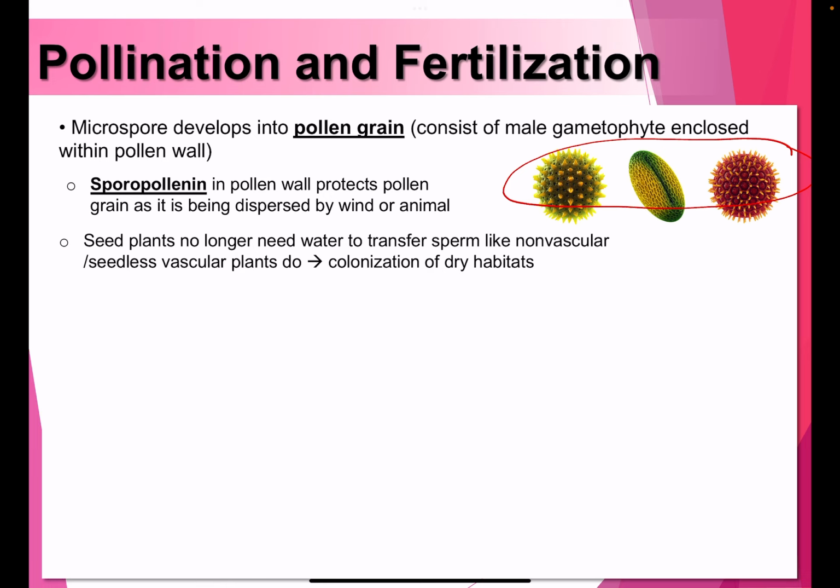So that's why seed plants don't even need water anymore for the swim. You know how we said the sperm will swim through the water in non-vascular plants and seedless vascular plants. But now you don't need that.